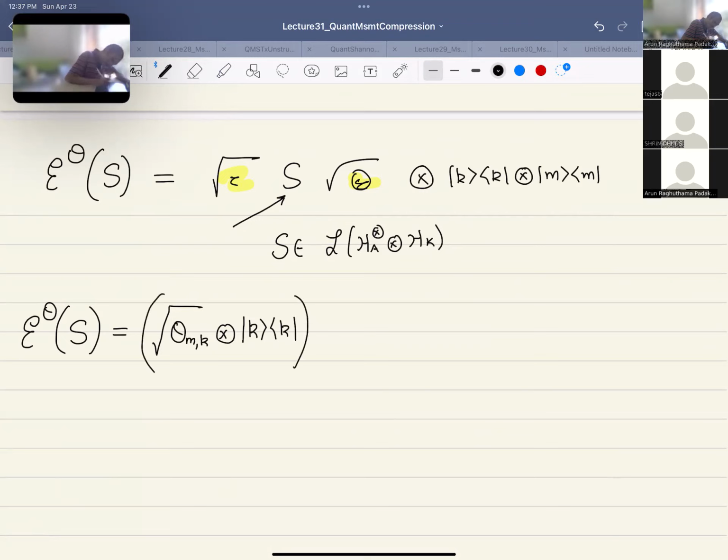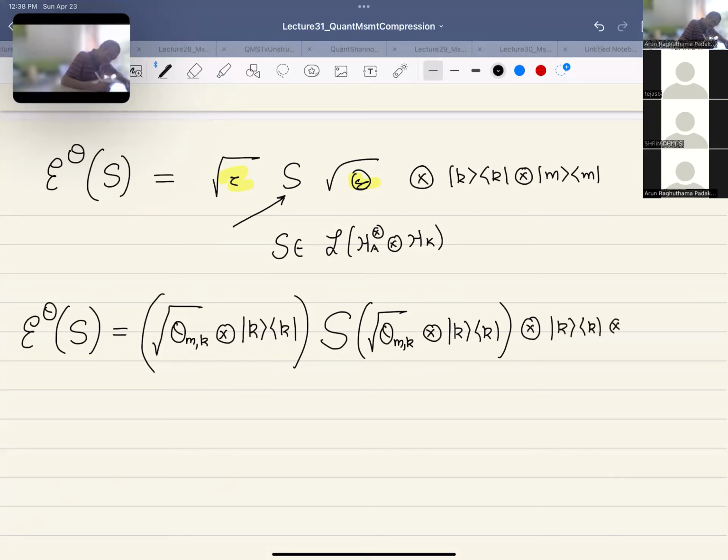So this operates on S. It's a big S because it contains both the particle and the public coin. Root theta mk tensor kk, and the outcome which is k tensor mm. Okay, there is one HK space here also, and there is a new HK space created and a new HM space created by the outcome registers. Okay, so that's your E theta S.